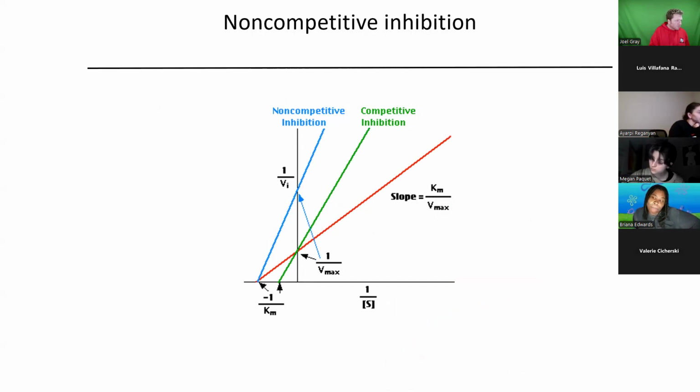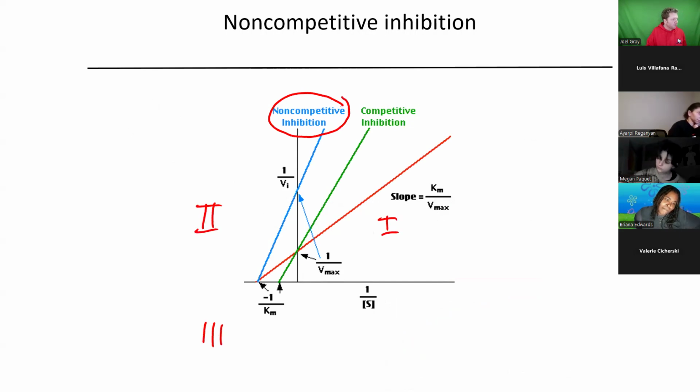So for a non-competitive inhibitor, again, quadrant 1, 2, 3, and quadrant 4. Good thing is we don't really have to worry about quadrant 4. Where do those two lines intersect for a non-competitive inhibitor? At the interface of quadrants 2 and 3.